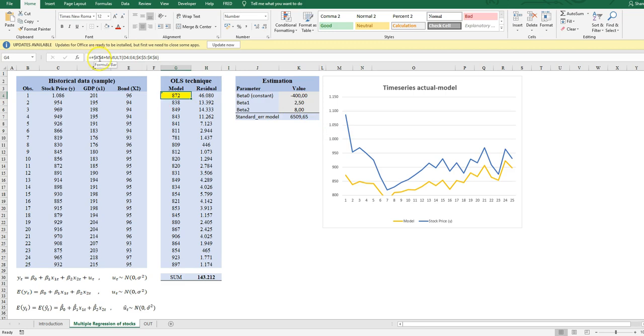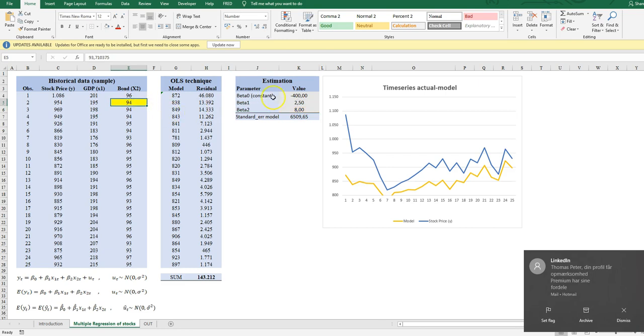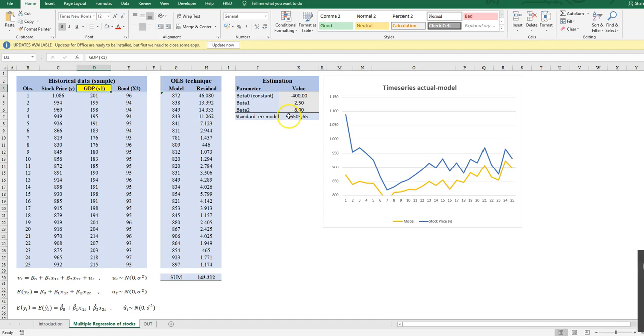So first, the model is the constant beta 0 plus a multiplication between the parameter beta 1 for GDP, so this one times this one, plus this one times this one over here. So this is the model.